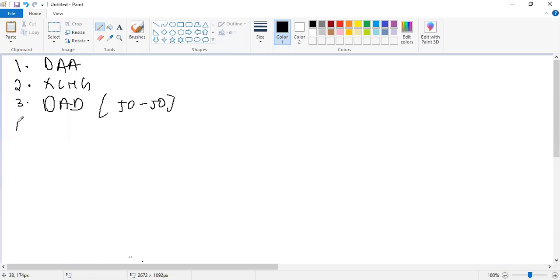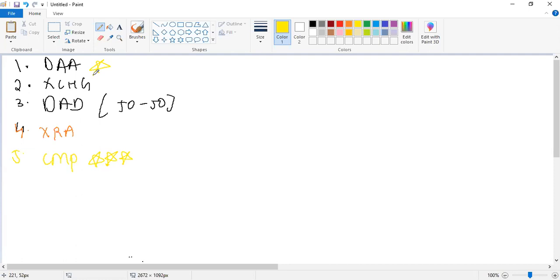Then one of the important ones is XRA. The other important instruction is CMP. This definitely comes.